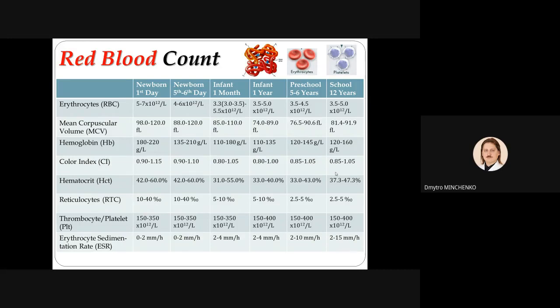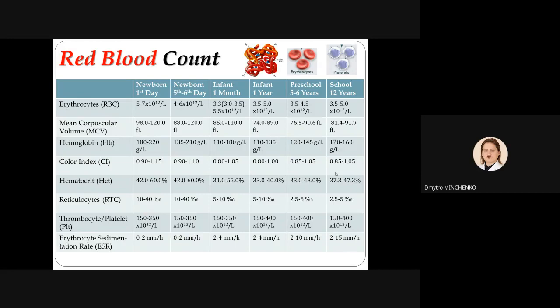But this number quickly begins to diminish in the first days of life, leading to quite a low amount at the age of 1 month, where I took an average reference value about 3.3, although multiple sources indicate an average reference value between 3 and 3.5, which is technically below what is considered to be a physiological norm, which is 3.5.